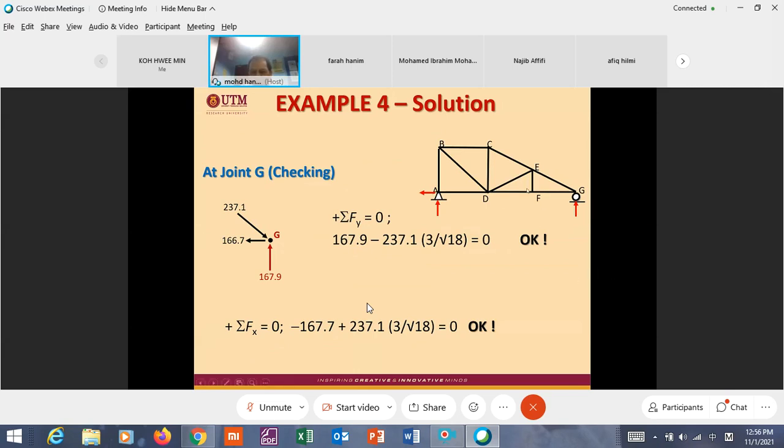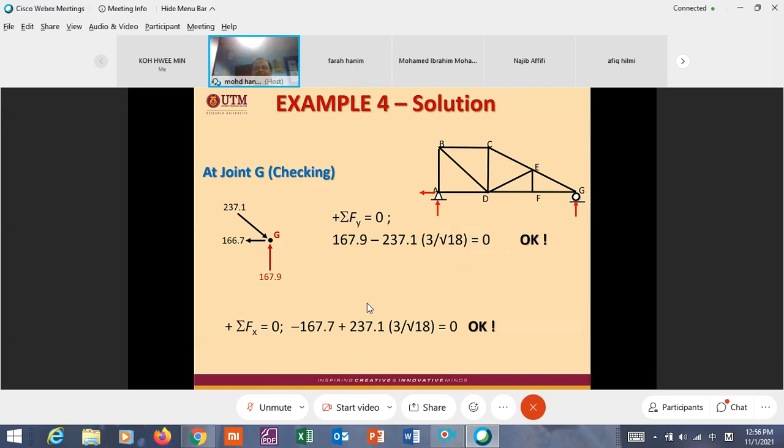Not in this question, but an example of when there are members meeting at a joint with no external force, but two of the members are collinear, then the third member is a zero force member.